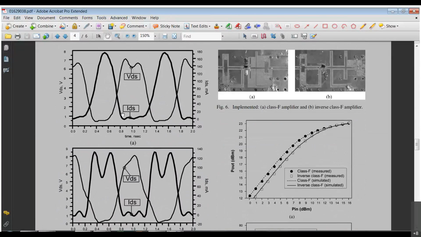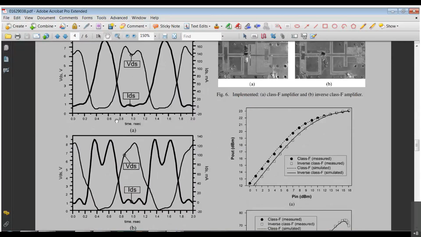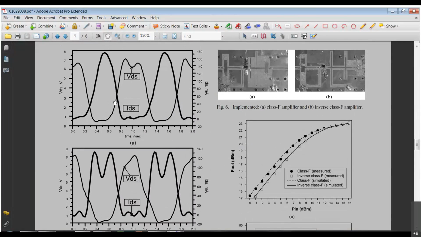So what I would like to point out is that on the left hand side, the first plot is for the class F. So here you can see that once again we have current which is quite similar to half wave rectified, and whenever current is high, the voltage is very low, and whenever voltage is high, that time current is very low.